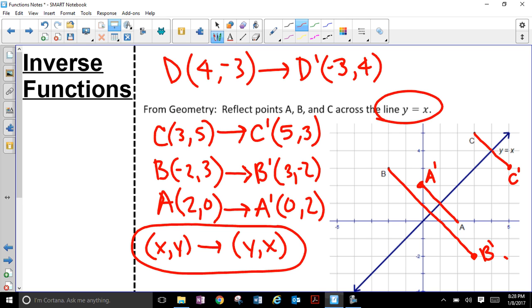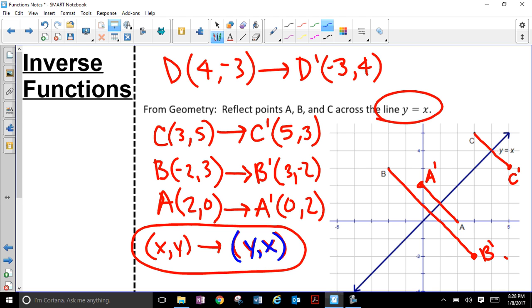And it goes with this whole idea over here where we take the original point and switch the y and x value around. Okay? So the reason why I was pulling it here is because when we reflect over the y equals x line, you are finding the inverse of that point.